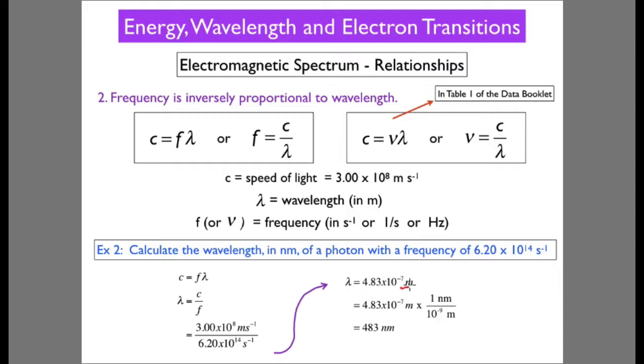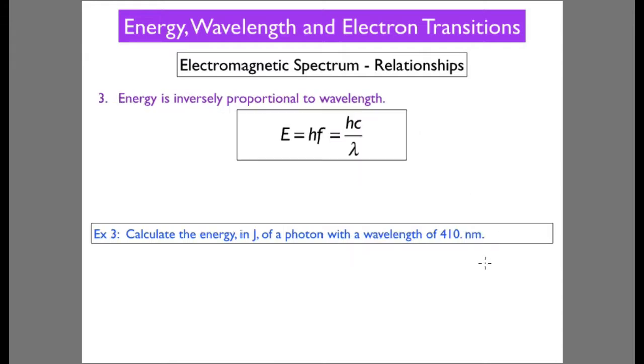This is in meters. We want it in nanometers, so we use the conversion factor: there is 10 to the minus 9 meters for every 1 nanometer. So we get 483 nanometers. This formula can be found in table 1 of the data booklet.